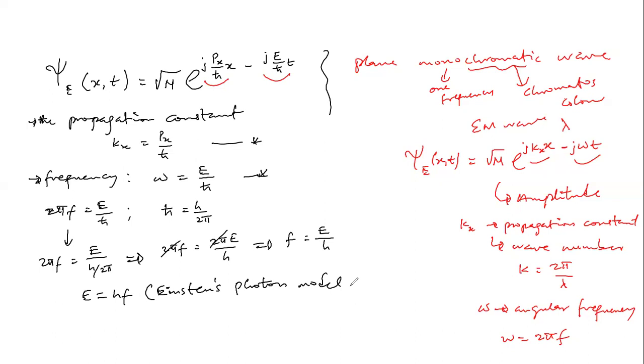Now, you will recall that, let's write this. We already know that E is the same as HF. You will recall that C is the same as lambda F, and therefore E will now be the same as HC over lambda.